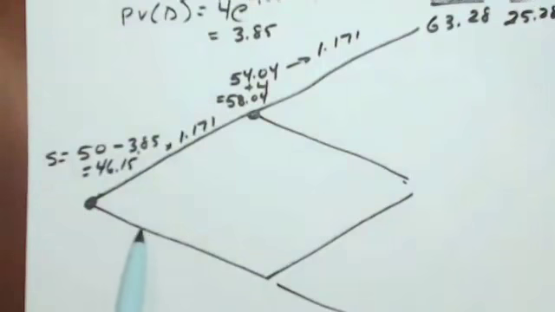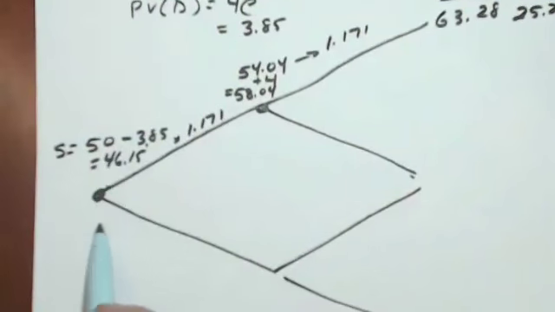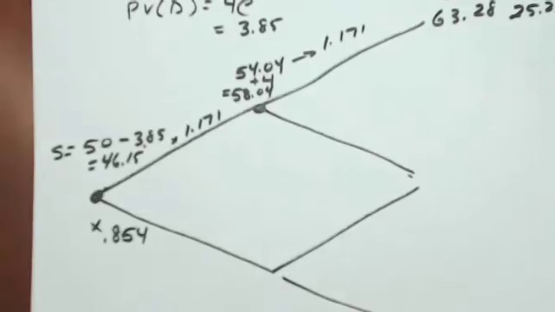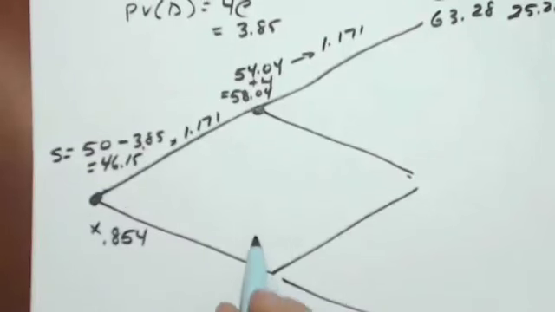Now on the downside, we're going to take the 46 and we're going to multiply it by the 0.854, which is the D. Remember, we calculated D to be 0.854, and so this will be worth $39.41.